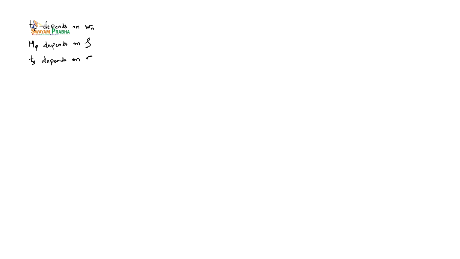Now say we are given the condition that the rise time is less than or equal to some Tr0. This is the maximum rise time that is allowed for our system. We find the condition on omega n such that this rise time is satisfied.